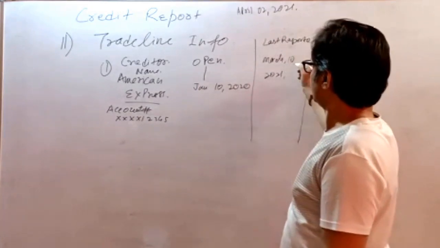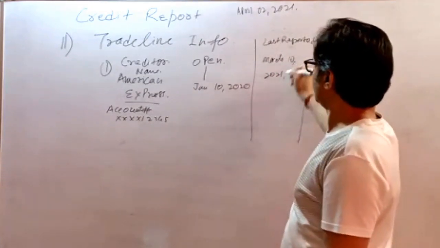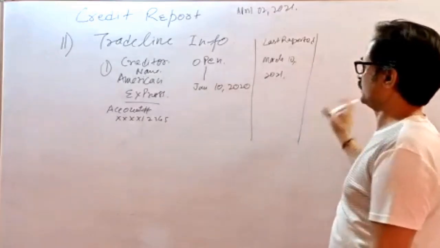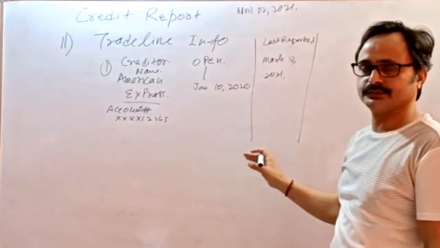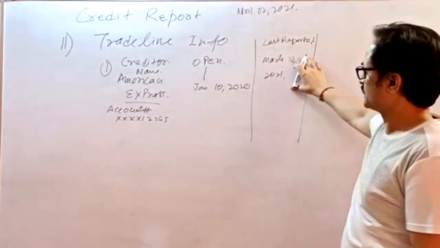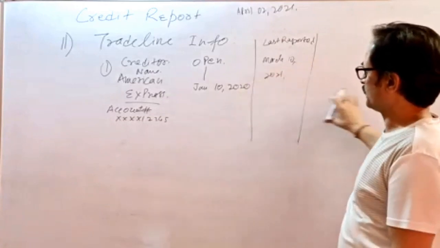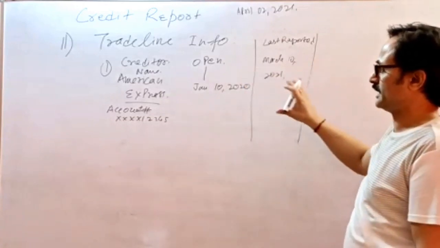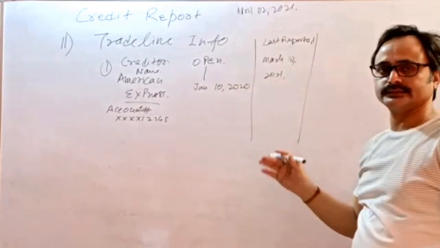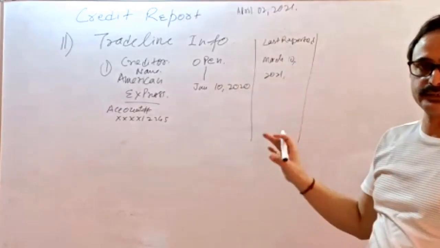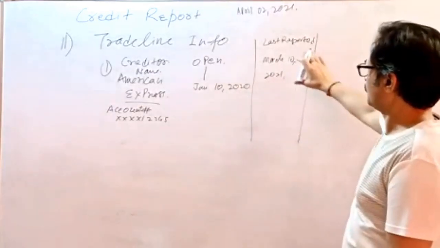It was reported till that date. After that, no new information has been reported or received, but the last update regarding this creditor, this credit line, this credit report, is till March 10.